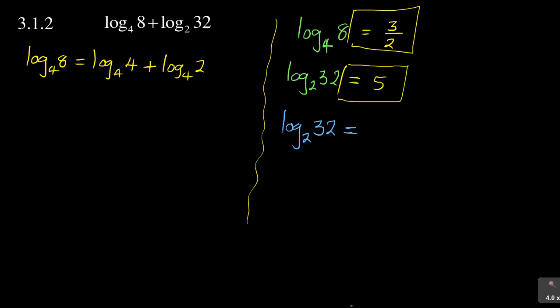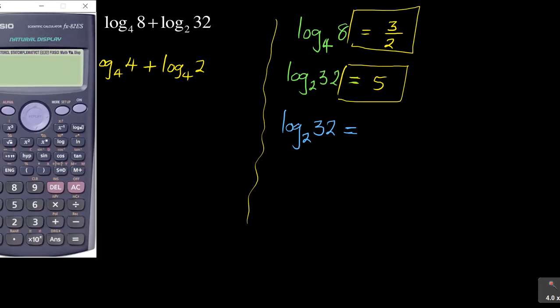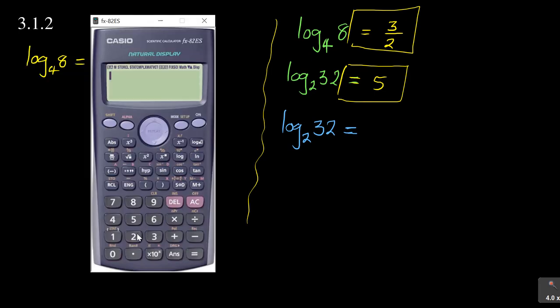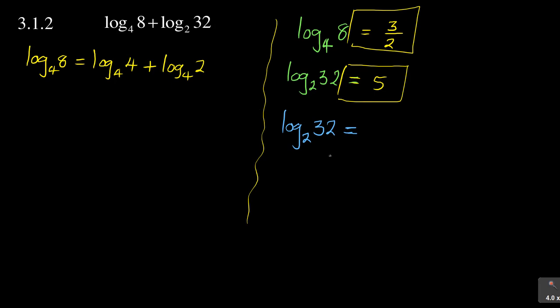In terms of exponents, if you remember your exponential laws, 2 to the exponent 3 gives me an 8, 2 to the exponent 4 gives me 16, and then 2 to the exponent 5 gives me 32. So this becomes log base 2 of 2 to the exponent 5.